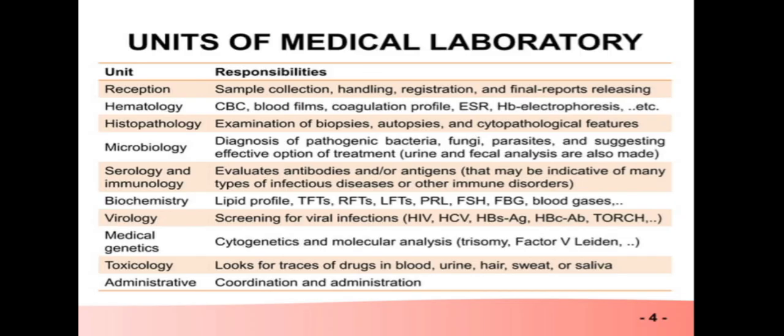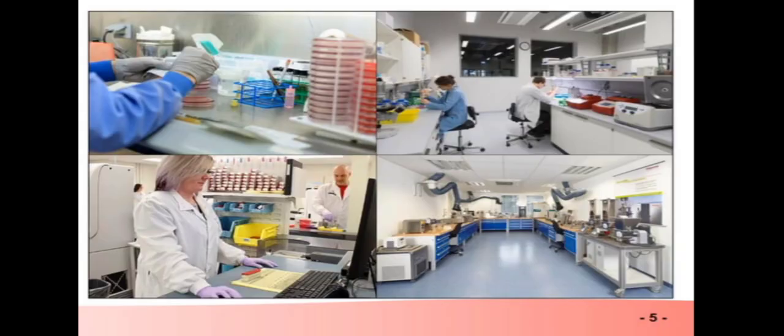And final is the administrative area, where you have to coordinate with the patient and their family members and with the team which is performing the whole work in the different units, to coordinate and cooperate with them. That comes under the administrative and coordinating administration. Okay, so this could be like that.